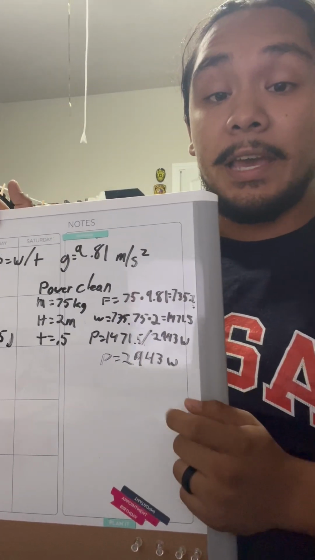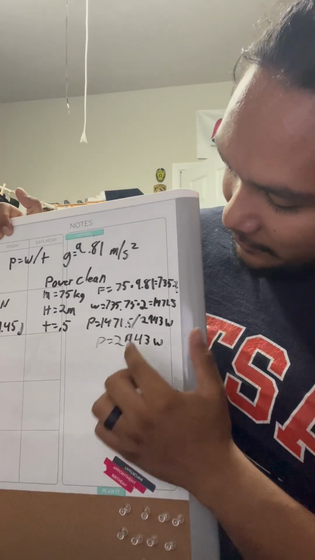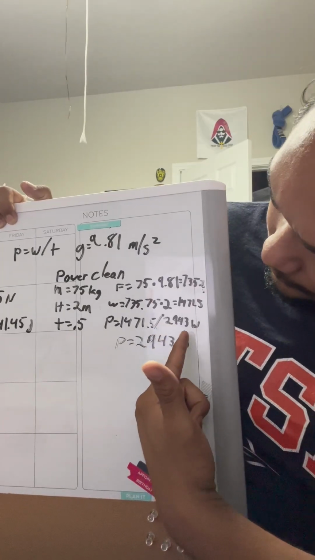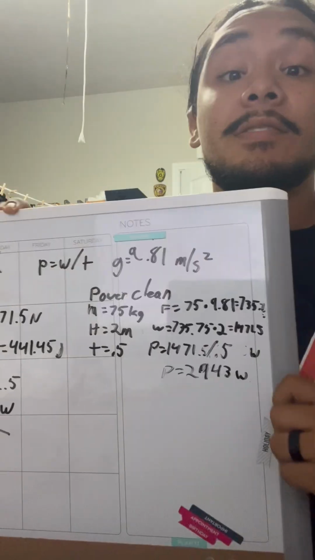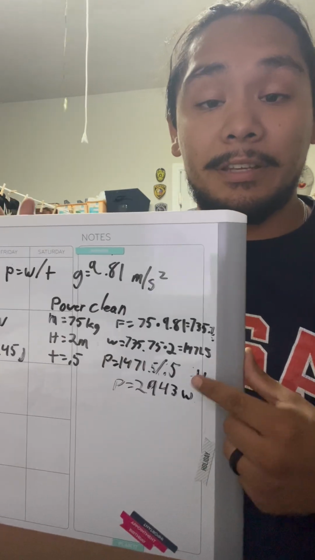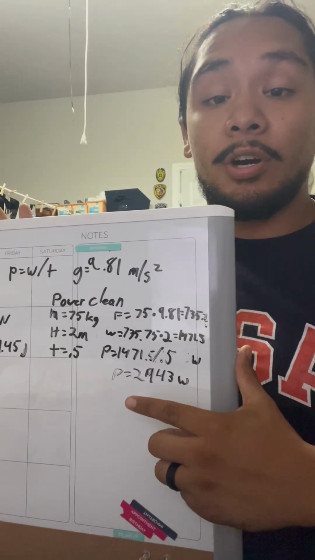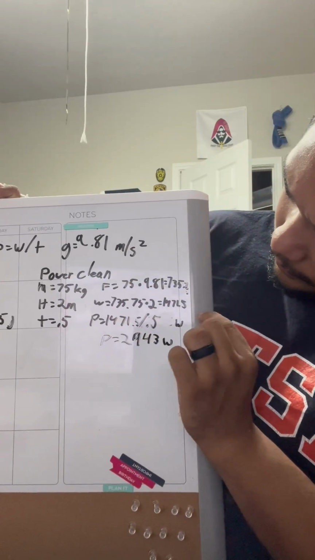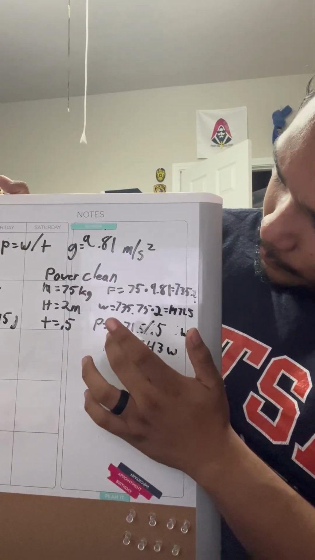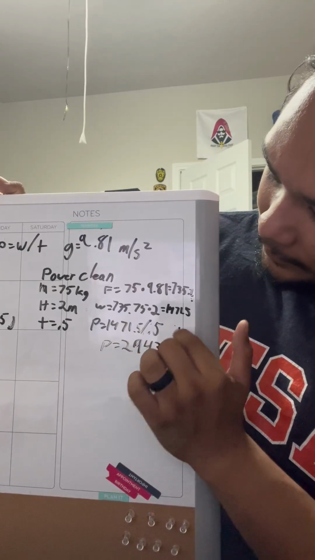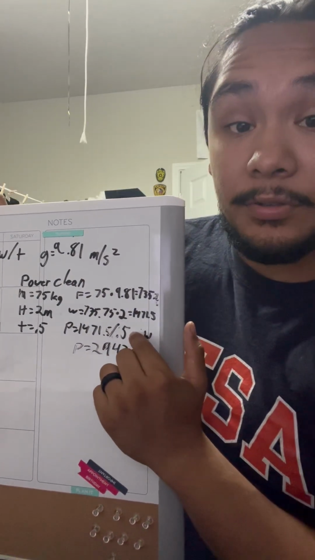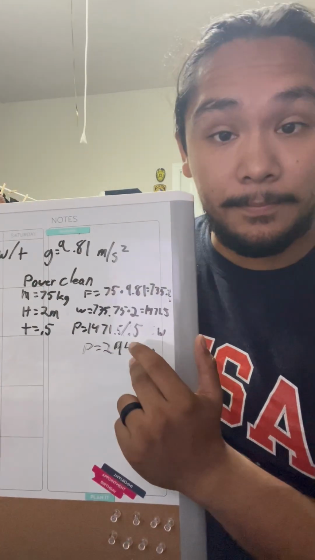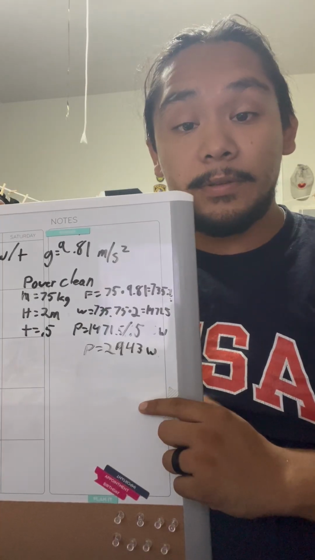Now we can take our work, plug it into our power equation, and divide it by our 0.5 seconds. Sorry, I had to make a slight correction. We take our work of 1,471.5, dividing it by 0.5 to get to our power at 2,943, calculated in watts.